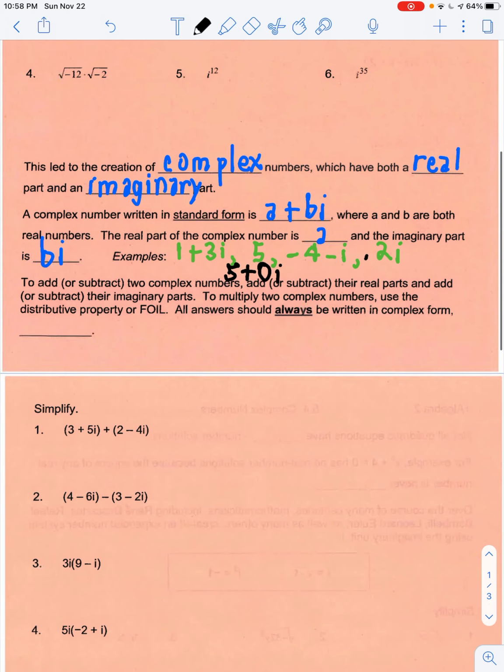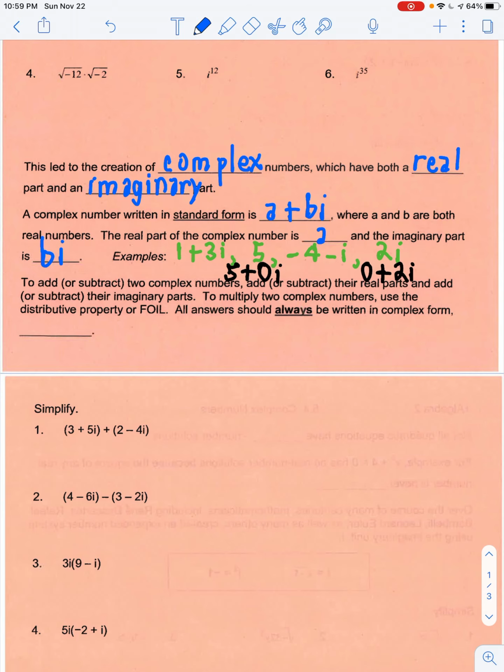Likewise, 2i means that the real part is 0 and the imaginary part is 2i.